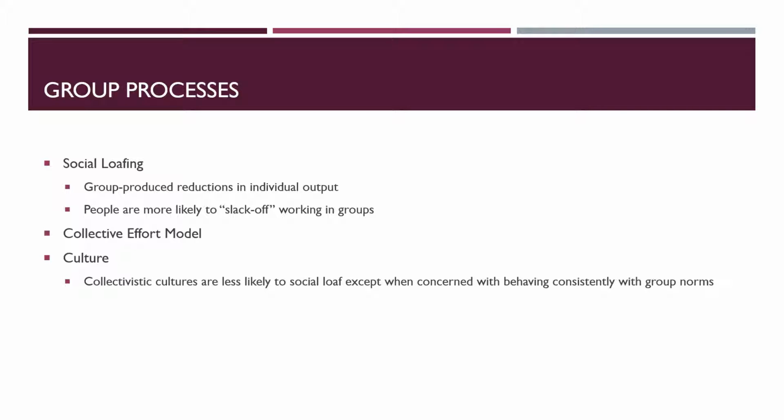And just like with a lot of things that we have seen, there are definitely cultural differences that come with social loafing. Collectivistic cultures are less likely to social loaf, except when they are concerned with behaving consistently with group norms. They're going to social loaf less because they are more concerned about the negative impact that their social loafing could have on the group outcome.